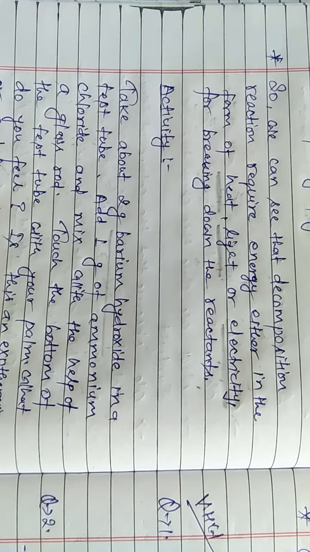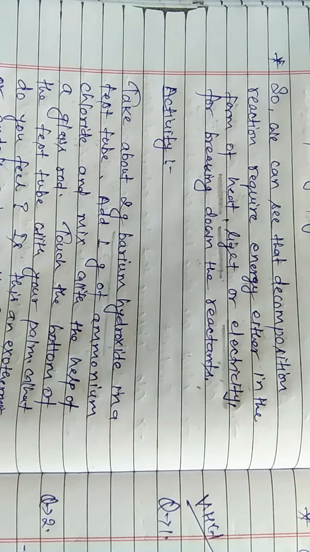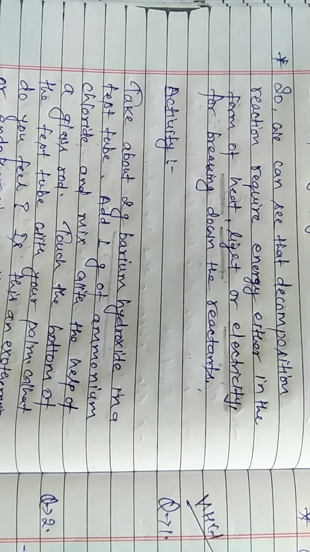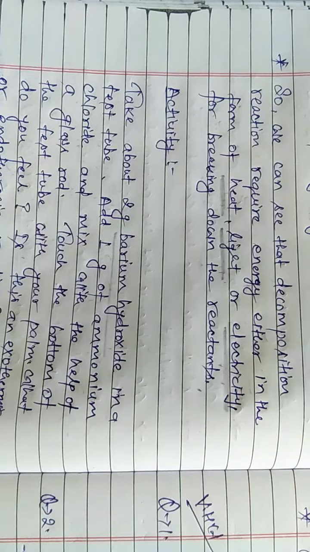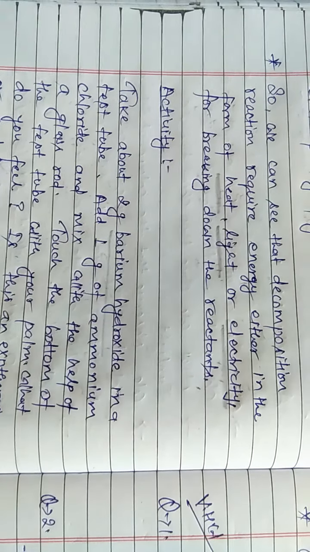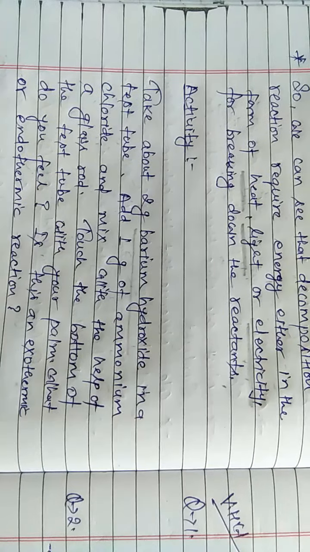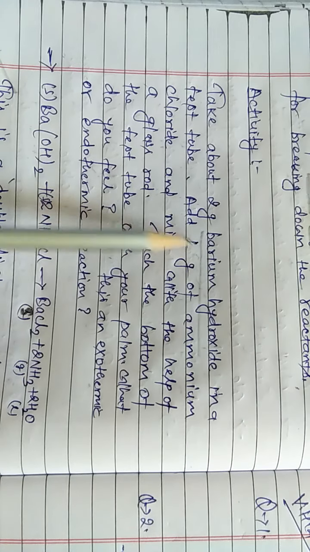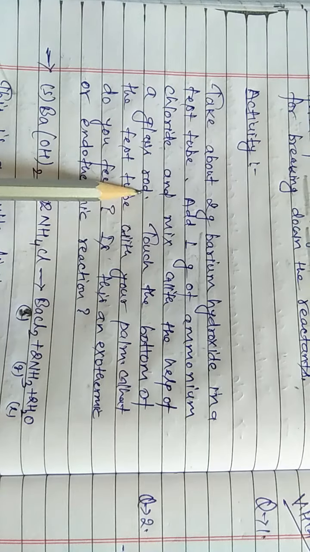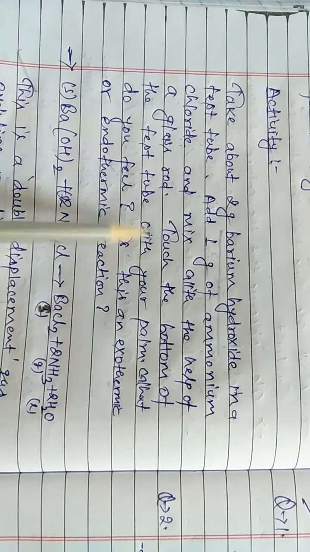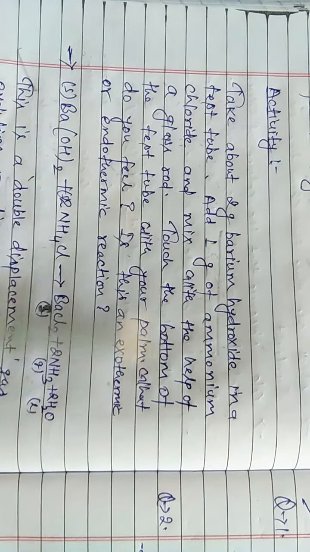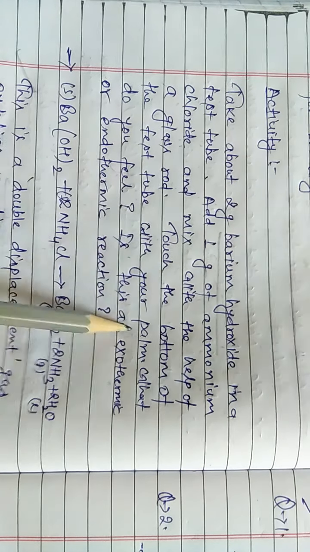You need to take barium hydroxide in a test tube, and also 1 gram of ammonium chloride. When you mix these two things with the help of a glass rod, a reaction will take place. Now you need to touch the bottom of the test tube with your palm.